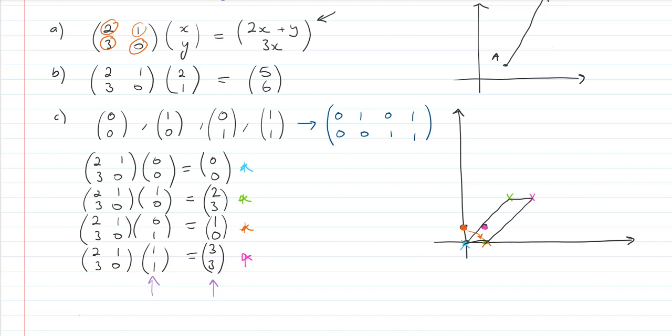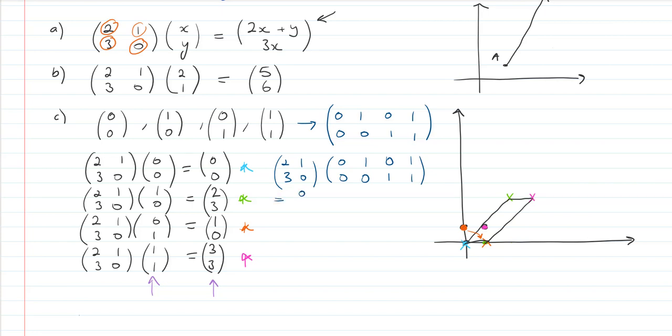Now just the last little bit, we could do this a little bit simpler by multiplying 2, 1, 3, 0 by the whole shape in one matrix. So our dimensions, you can see, are correct. So this works, and we'll just go through 2, 1, 3, 0.